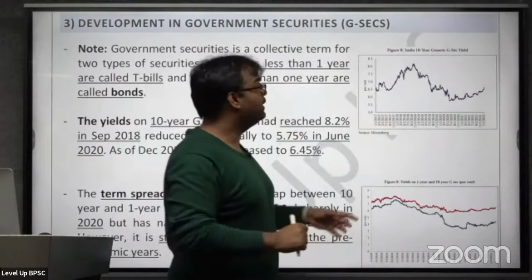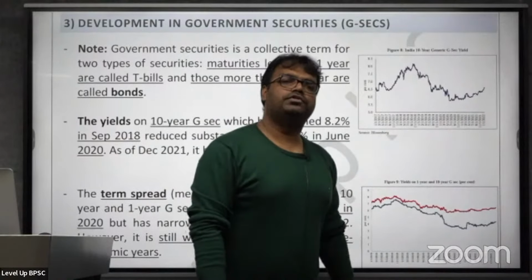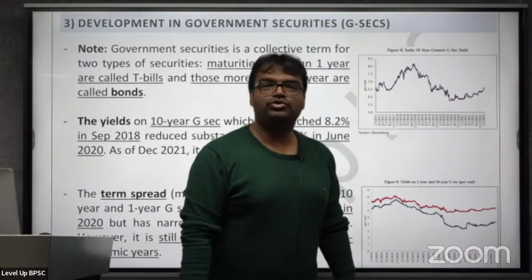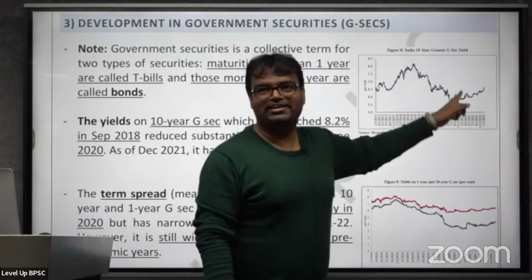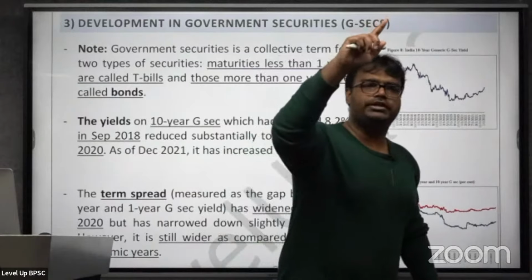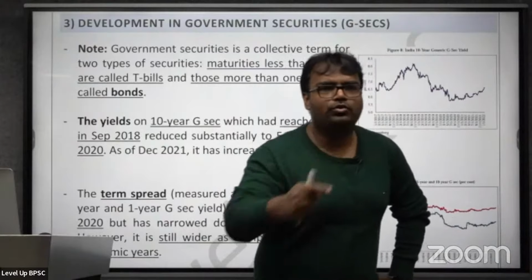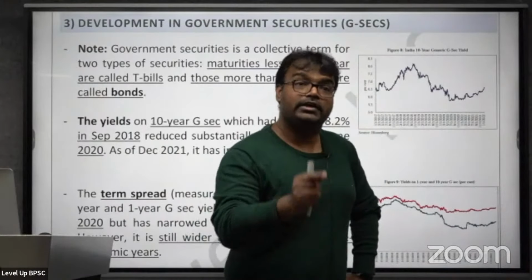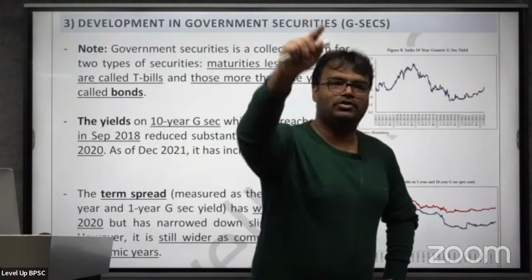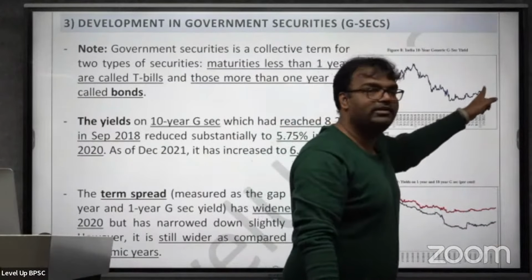Yeah, they may ask you a general pattern that yield on government bond have kept on increasing since 2015. ये pattern based questions आते हैं, तो you should know कि नहीं यार 2018 से yield had reduced. या फिर they may ask you a general question, since 2018 to March 2022 yield kept on going down. उसमें भी you should understand कि in recent times when the boom in the stock exchange, when bull run in stock exchange have ended, people are again moving towards government securities, and government securities का yield is going up.